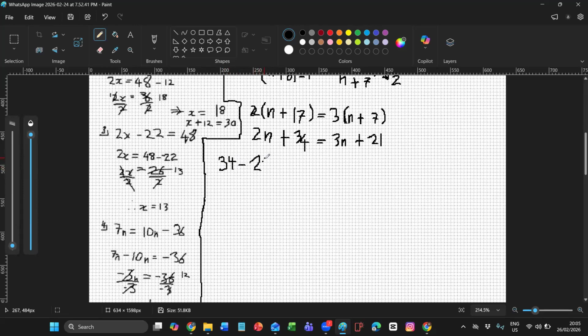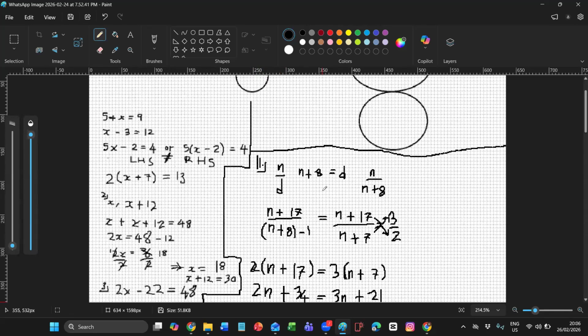And by the time 2n comes over to meet 3n, it will become minus 2n. 3n minus 2n is just what? n. And 34 minus 21 is what? That's 13. Thank you. So there you go. So n is 13.